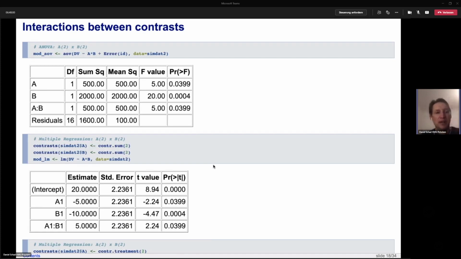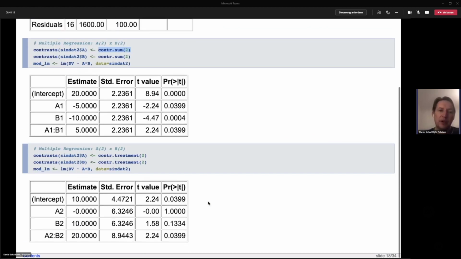Okay, we said before we compared the ANOVA result for a 2x2 design with the same analysis in linear models using some contrast, and we said that both show the same result, right? So there's no difference. But we also said that if we use treatment contrasts, suddenly the results differ. The interaction was the same, but the main effects were very different.